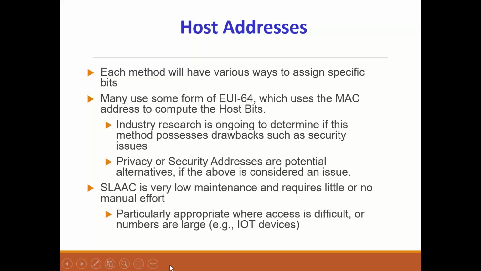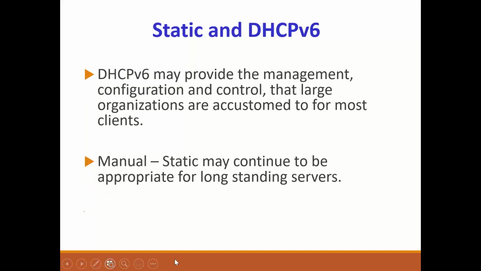It comes on the network, it gets an address, and away it goes. What could be better than that? I don't think it's right for all situations. So let's go on to the next slide and talk about a couple of situations where SLAAC may not make sense, and we might want to do things like static and DHCPv6.